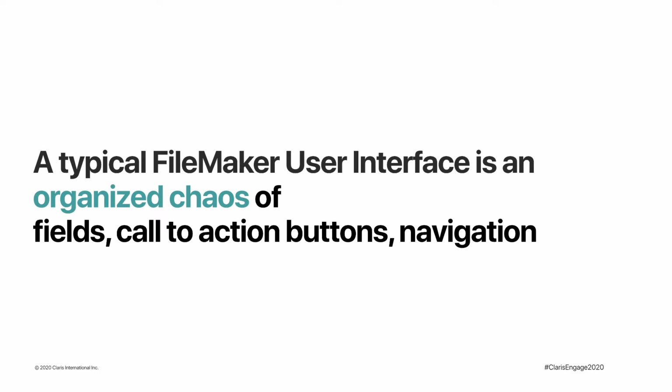You have fields, labels, call to action buttons, panels, web viewers, icons, and many more. As a designer, your job is to organize these elements, to organize this chaos so that your user is not totally lost.